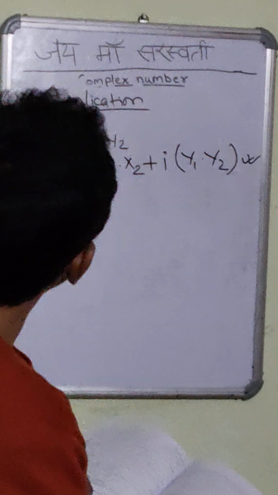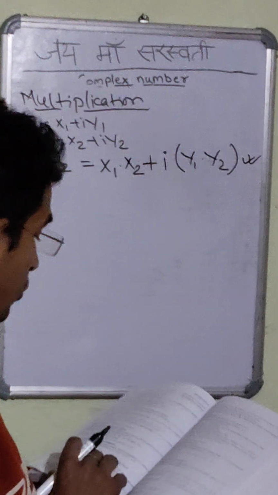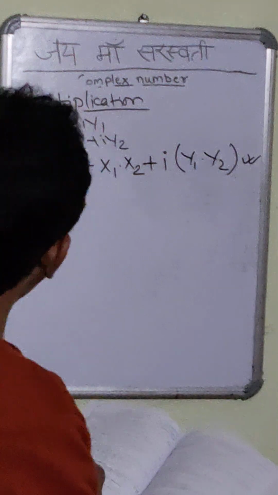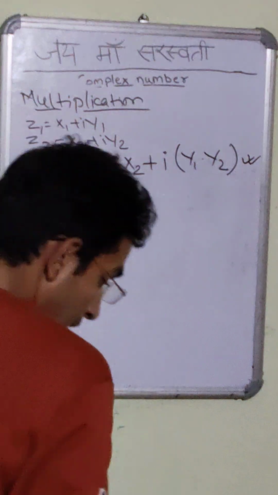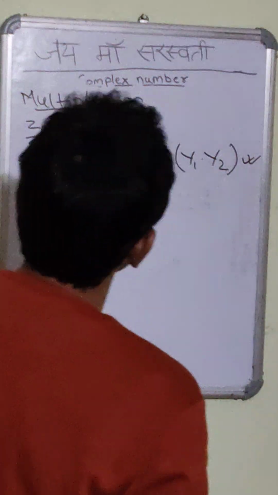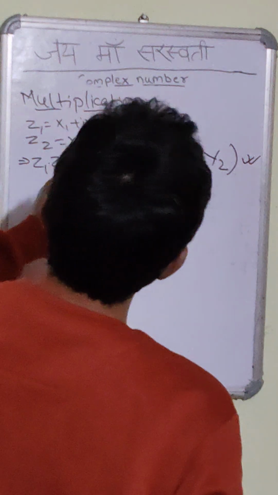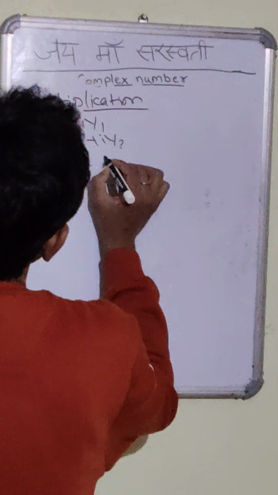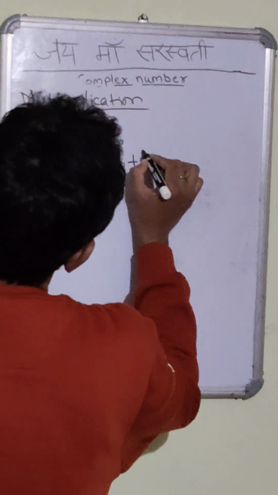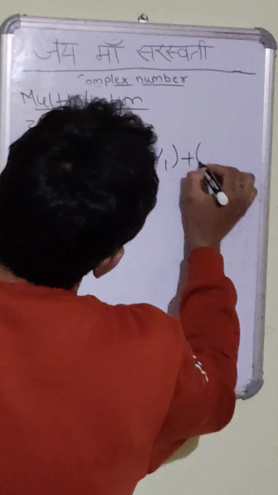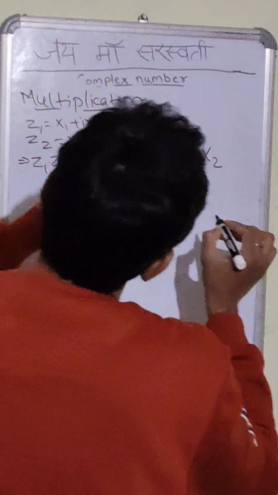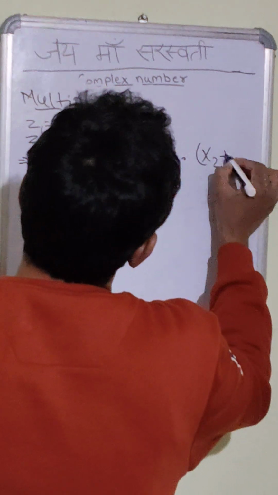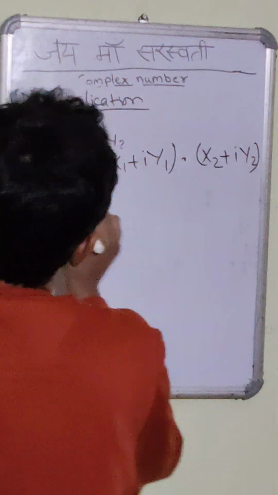So in this case, we had seen x1 into x2 and y1 into y2. Suppose we have Z1 into Z2, this is the basic operation, and we will see how we calculate the final expression. In the case of Z1 into Z2, it will be x1 plus i y1, multiplication dot, x2 plus i y2.